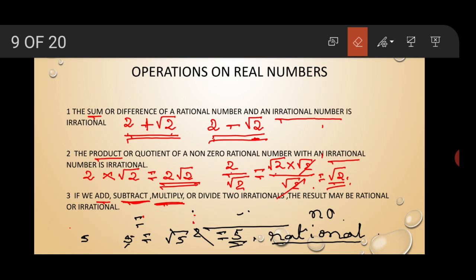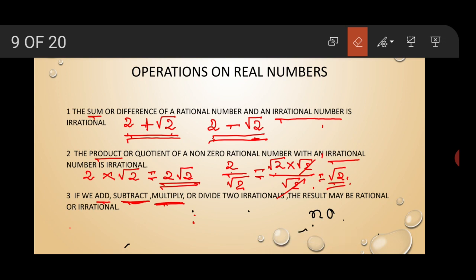Now let us divide them. What happens if we divide two irrational numbers? Then what about the quotient? Take two irrational numbers. You can take any irrational numbers. Now I will take irrational numbers, root 2 and one more, divided by root 3.